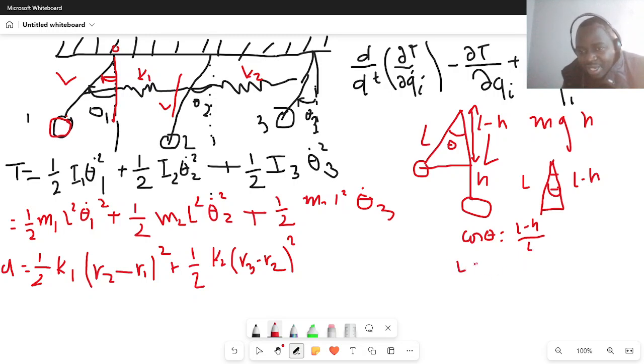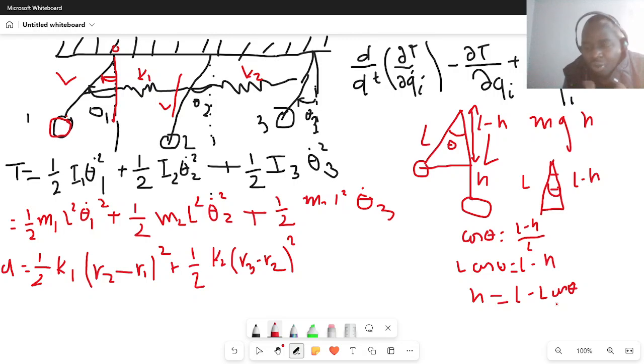You're going to have L cos theta equal to L minus H. If you want to express H as subject of the formula, you will have L minus L cos theta. And guys, remember, in your solution you do not have to prove this. I'm proving this from my explanation. So H, you can make L as subject of the formula. It's going to be L(1 minus cos theta).